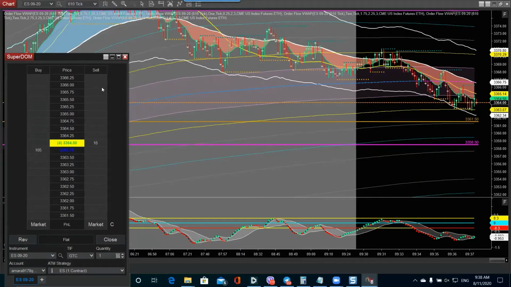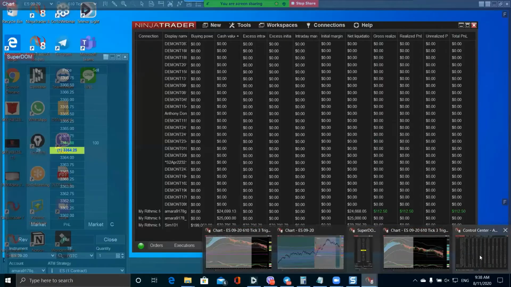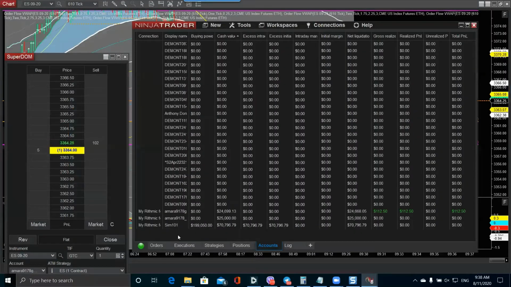So I'm trading one contract. I think I did some overnight trading, and I am at 112.50, not including the commission. With the commission, I think it's like $80. That's it, I'm up 81.42.